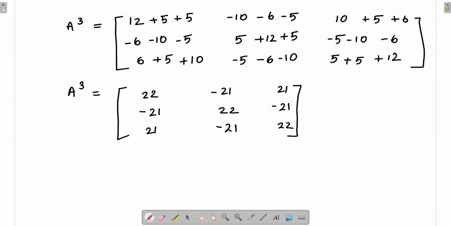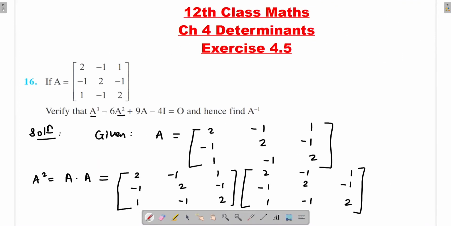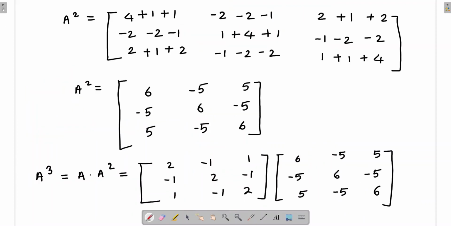Now let us verify the equation. Okay, so we have to verify this equation: A cube minus 6A square plus 9A minus 4I equal to the 0 matrix. So let us write it down.